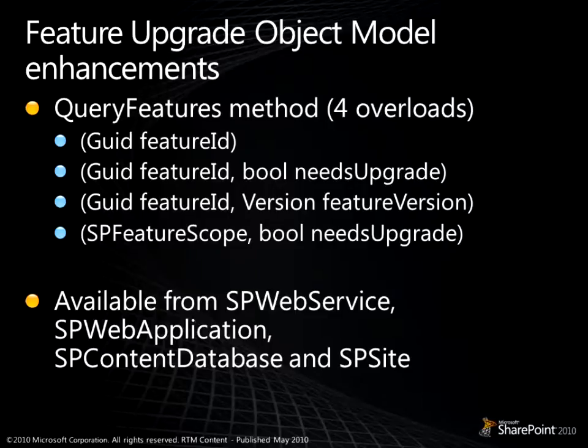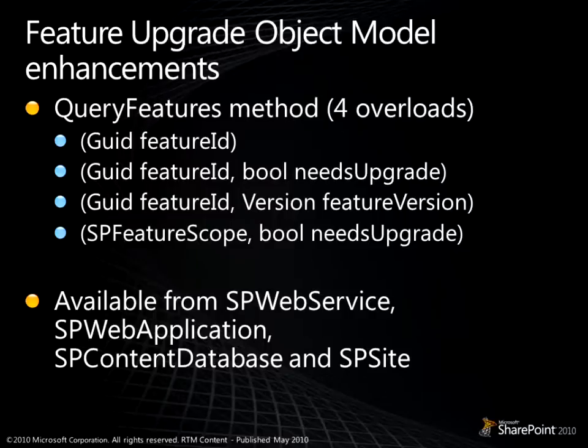If we call the method at the SPWebService level, it finds all the instances of the feature with a given ID that require to be upgraded in a farm, if we are requesting the upgradable features. All scopes of features, farm, web application, and site collections, are supported.